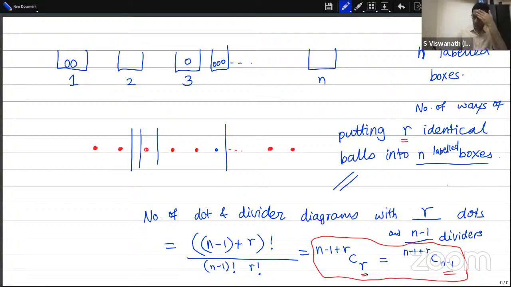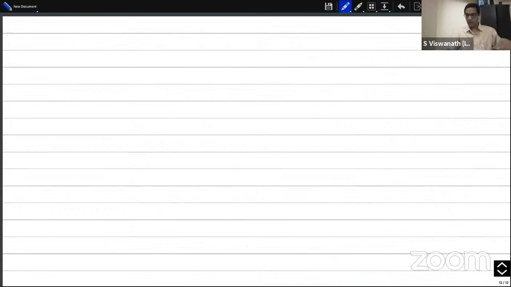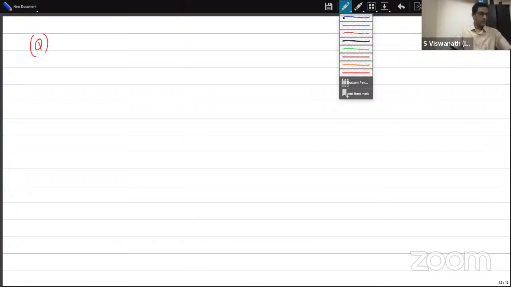So that's the thing about combinations with repetitions. Great. And of course, the very same problem can come up in many different avatars. So here's another question which is very closely allied to this.